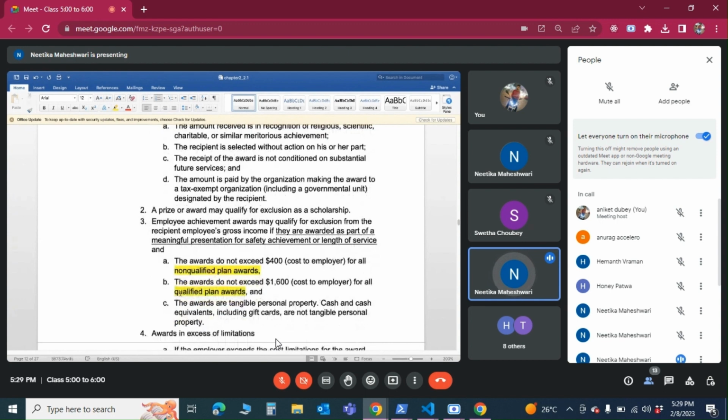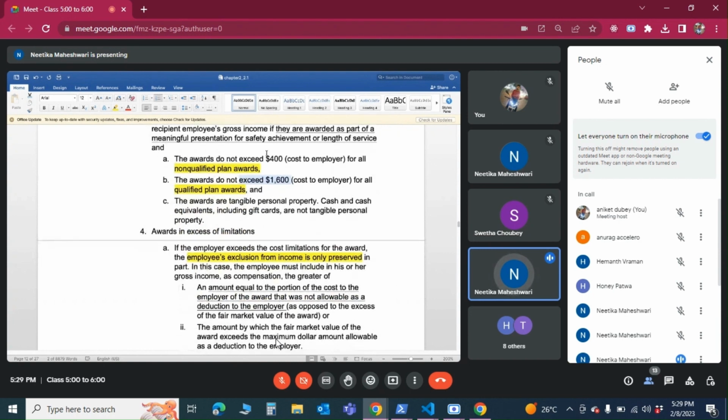Those are called qualified plans. If they have fulfilled all the conditions of putting a qualified plan in place, and that's usually done by HR or legal, then they can even pay up to $1,600 per employee without making it a taxable award.